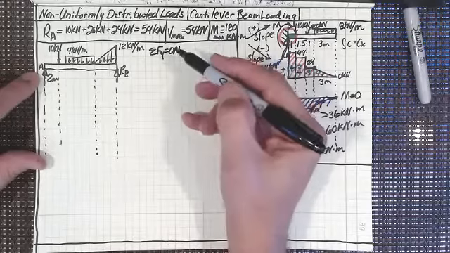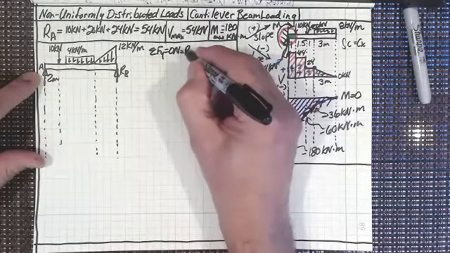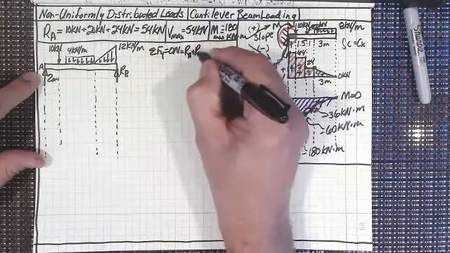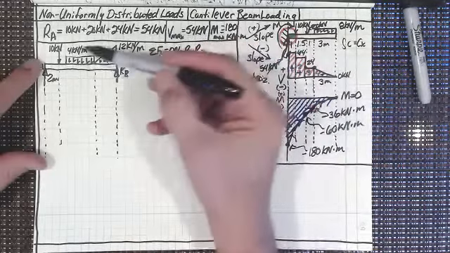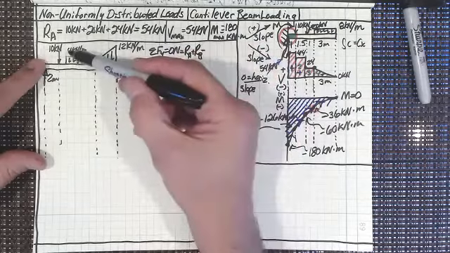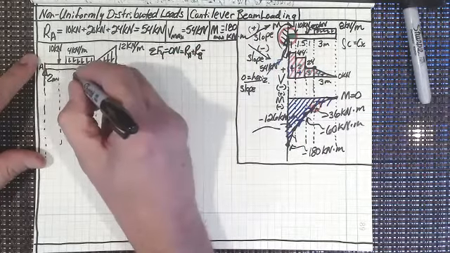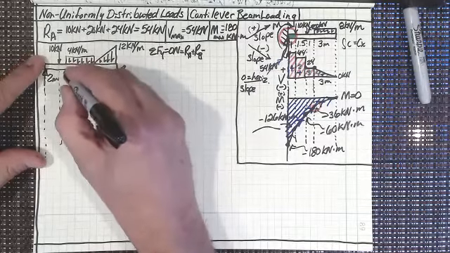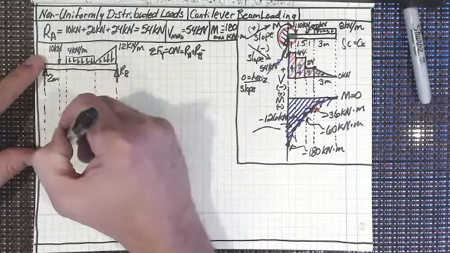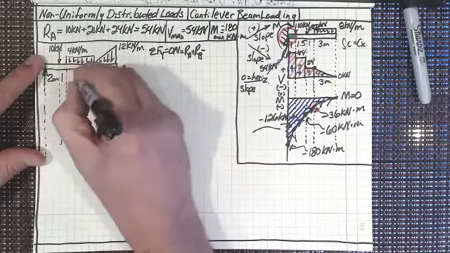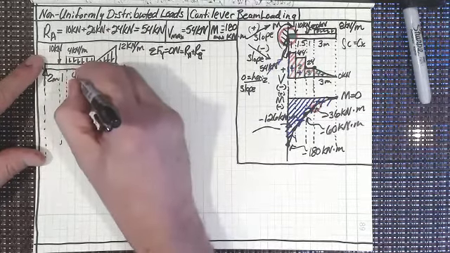And what we're going to get is R_A plus R_B minus, and then let's just do the whole thing, 10 kilonewtons times, is that 5? Did I screw that up? Oh, no, that's right. Sorry, I forgot to drop my construction line down there. That's 1, and then that is 4 meters.